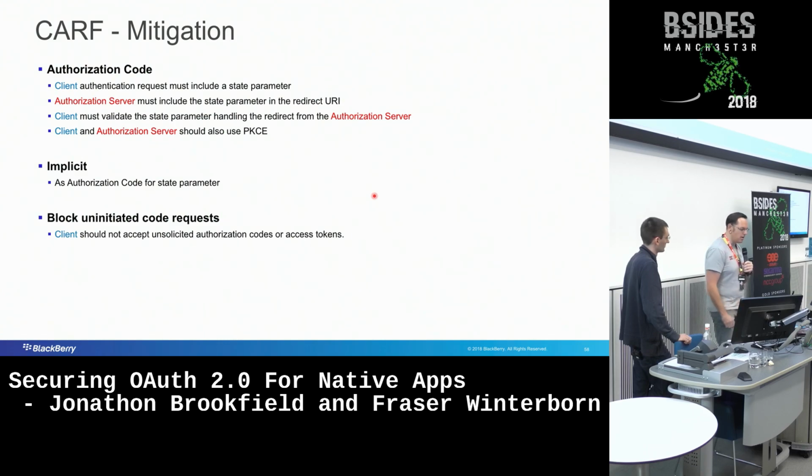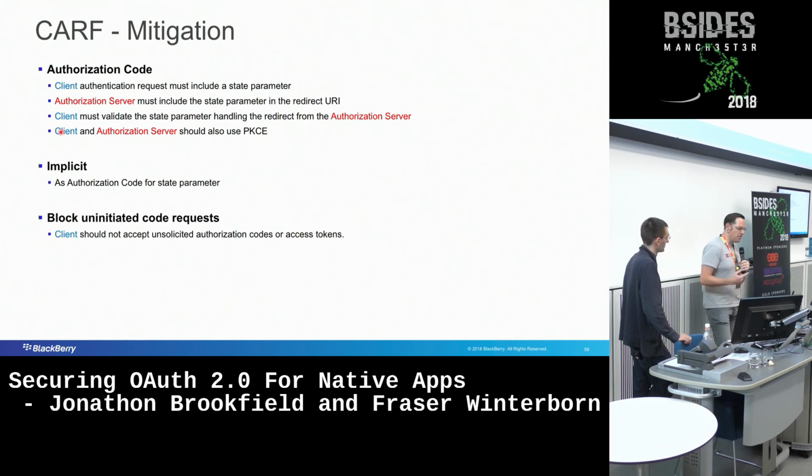So just in summary, the client must include a state parameter in the redirect URI, and the authorization server must return that state parameter, and then the client must validate that they match. As I previously mentioned, PKCE will also prevent this on the authorization code grant.